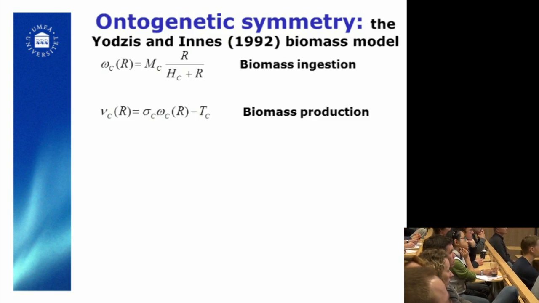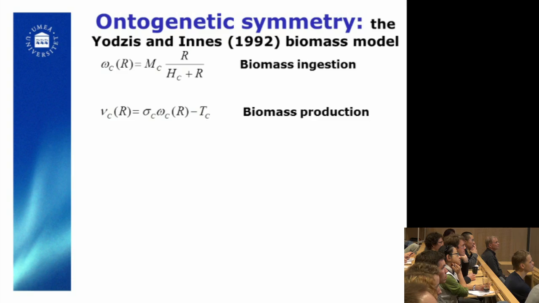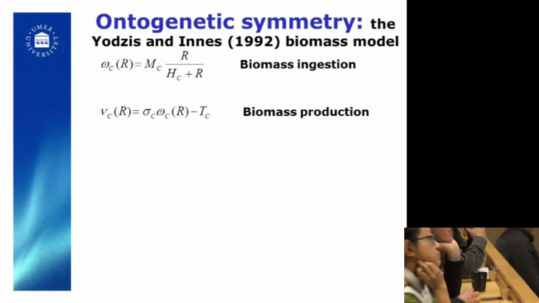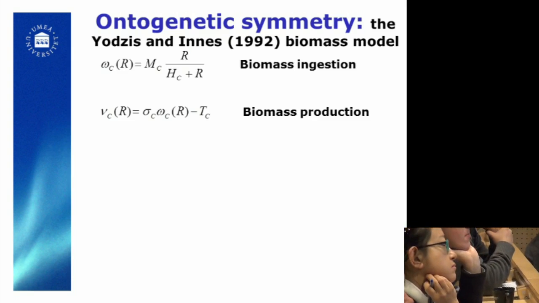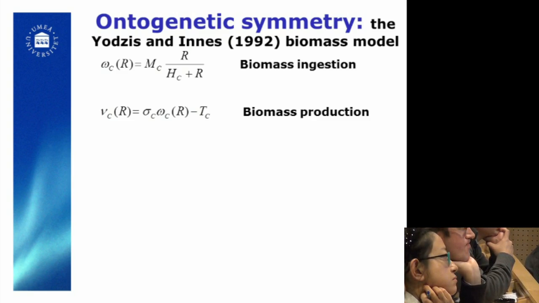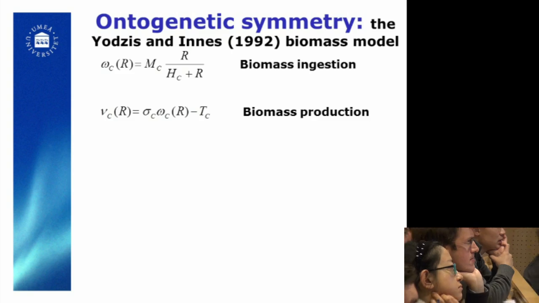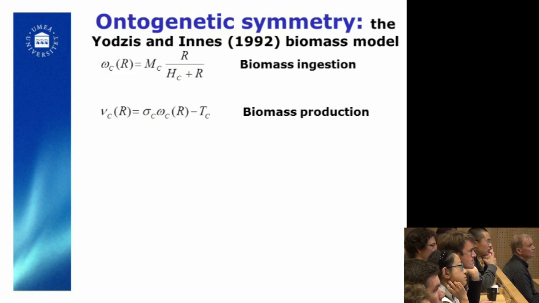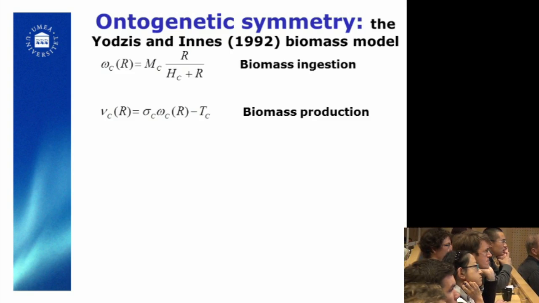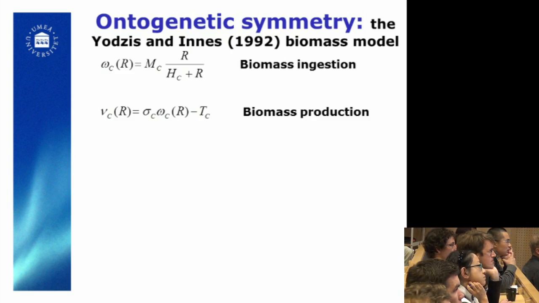In a sense that this is basically the functional response, or the biomass ingestion of an individual as a function of resource levels, and we see two parameters here, the half saturation constant and the maximum ingestion rate. So this is kind of a type 2 functional response. The important aspect of this model is that biomass consumption is expressed not per unit of individual, but per unit of biomass.